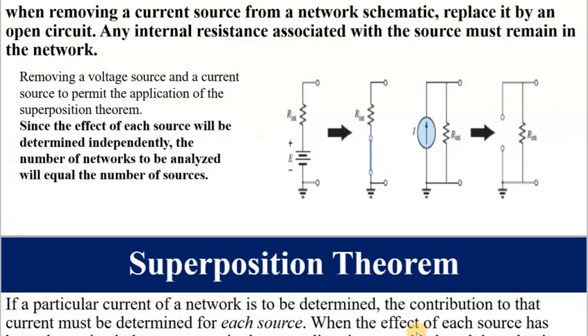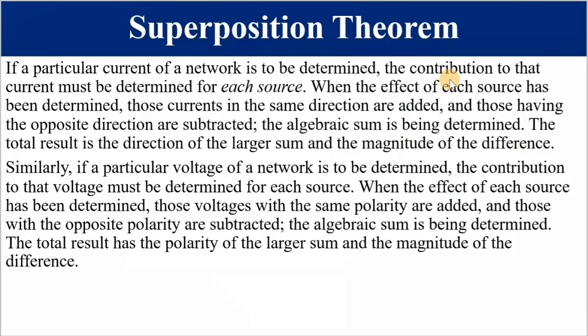So easy. As I said, we first consider the effect of each source. When the effect of each source has been determined, currents that are in the same direction are added. Currents in opposite directions are subtracted, and we find the algebraic sum.